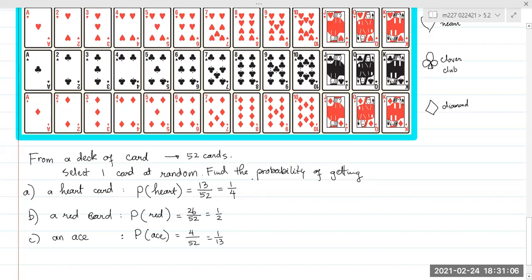Okay, furthermore, how about the probability of getting a heart ace? One over 52, so you can count it well. Okay, how about the notation?